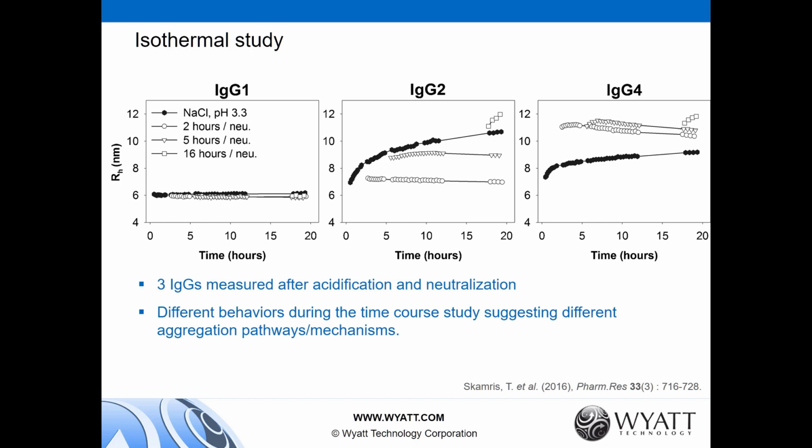And the different behaviors that we see through the change in RH are indicative of different aggregation pathways or mechanisms. These data were taken before the DynaPro had the molecular weight option. Now with the addition of molecular weight, we can get even more information about the types of aggregates that form under each of these different stresses.